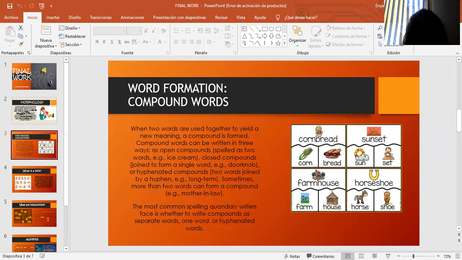So now I'm going to explain hyphenated compound words. Well, there are a great many grammar rules regarding hyphens in compound words. One important rule of thumb to remember is that in most cases a compound adjective is hyphenated if placed before the noun it modifies, but not if placed after the noun.